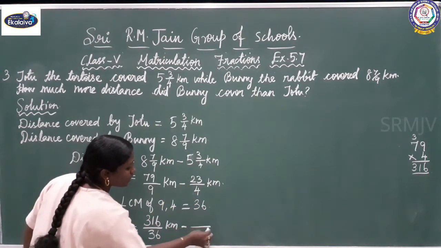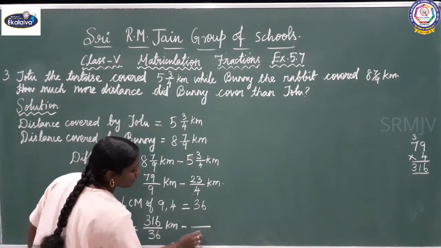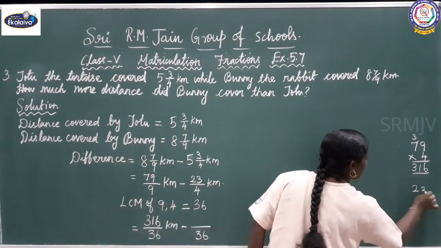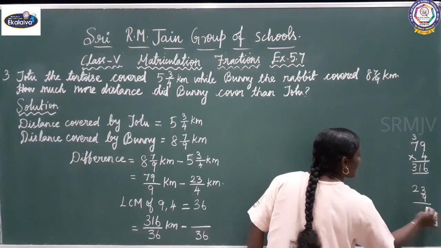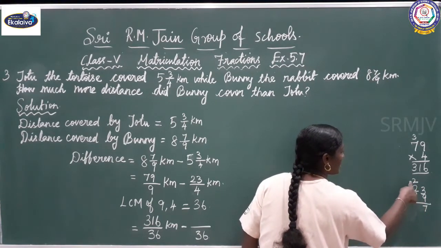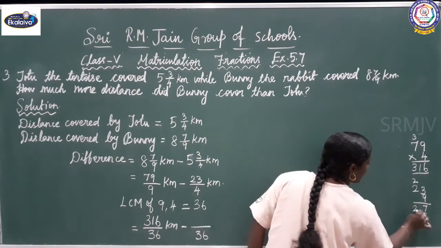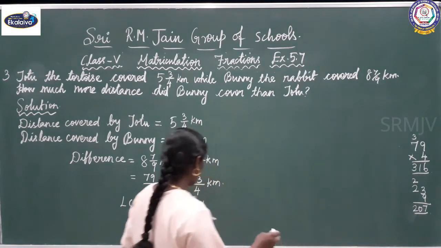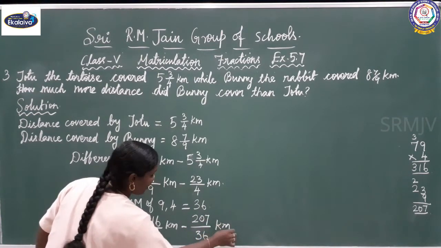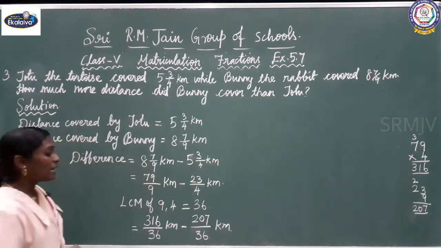So we have to multiply the numerator by 9. So 23 into 9. 9 3s are 27. 7 here, 2 carry over. 9 2s are 18. 18 plus 2, 20. It is 207. 207 by 36 kilometer. Now we got like fractions.